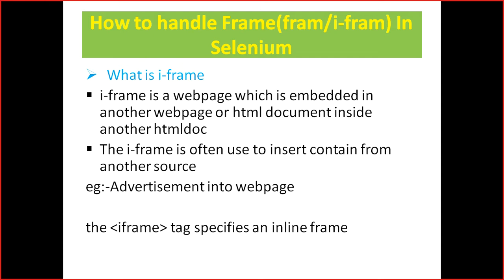We have seen multiple window handles and alert pop-ups, and it is the same like that. If you have multiple windows, you have to switch to that window, child or parent, right? Similarly, you have to land in a different page if you have an iframe implementation inside this HTML document.